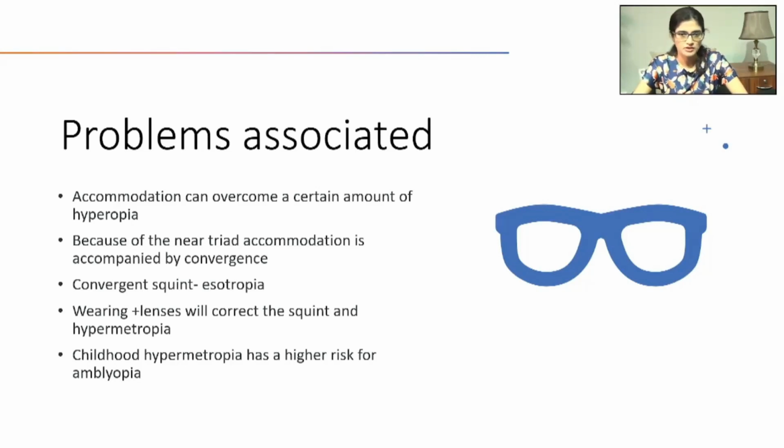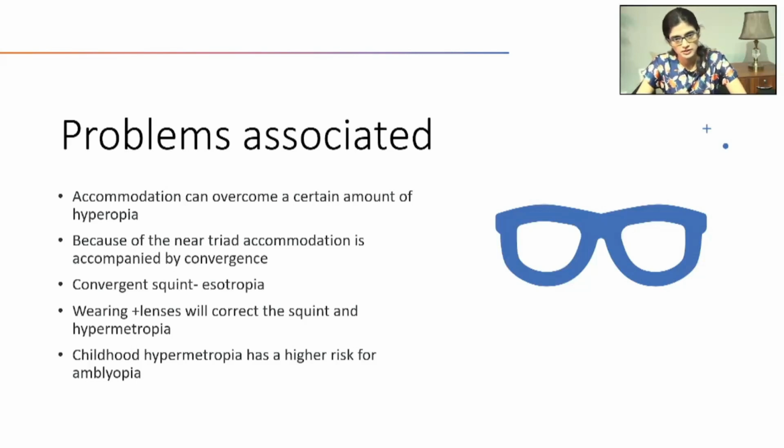We are not going to discuss those things, but general hypermetropia, not the extreme cases, is due to short eyes. The problem with hypermetropia is that because the lens is able to accommodate, people can overcome a certain amount of the refractive error. So maybe about +1, +2, depending on their age and their ability to accommodate, they can overcome the hypermetropia by accommodating when they are looking at far objects.